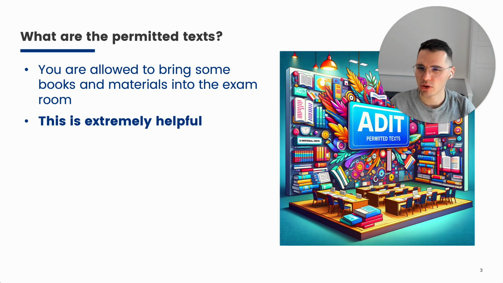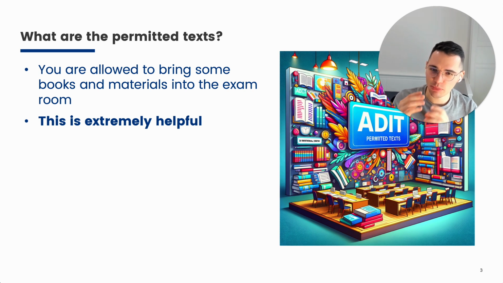Our human memory is not ideal for remembering detailed lists, especially if you're not using this concept every day. So the best thing you can do is take the permitted text with you, the OECD guidelines, and know where to quickly find that particular answer, right? That will ensure that you answer this question quickly, and this is the right use of permitted texts.